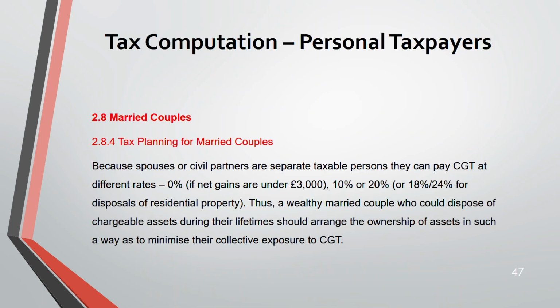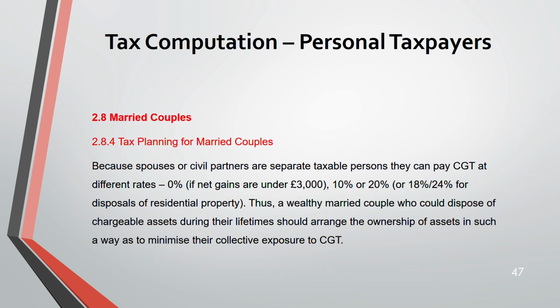Now, how do you do the tax planning? Here, if your net gains are under 3,000, you pay at 0%. Otherwise, for other assets, 10 or 20%, residential property, 18 or 24%.